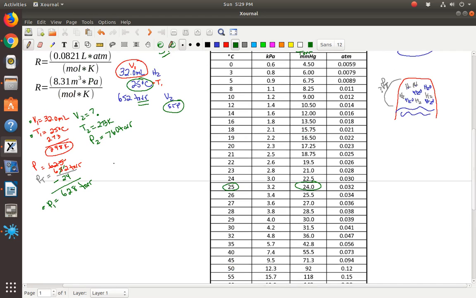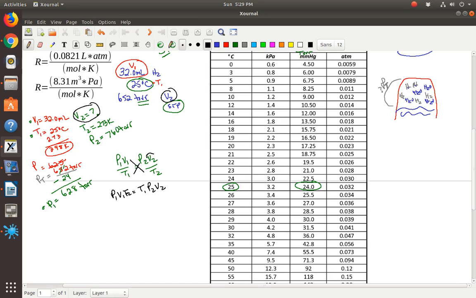I'm going to write P1V1 over T1 is P2V2 over T2. And I cross multiply, take the time to do this. So P1V1T2 equals T1P2V2. And then I'm trying to find V2. V2 is my question.